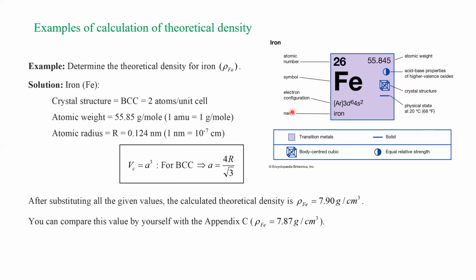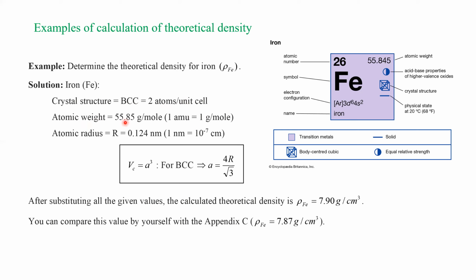First you have to know the crystal structure. It is BCC, and you have already done it. So we have 2 atoms per unit cell: 1 over 8 times 8, plus 1 in the middle. So 2 atoms per unit cell.